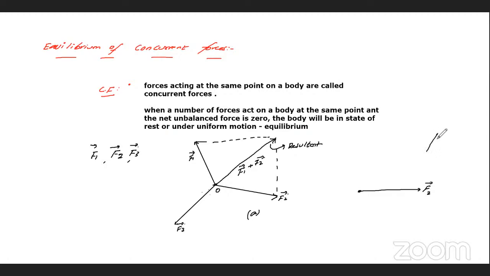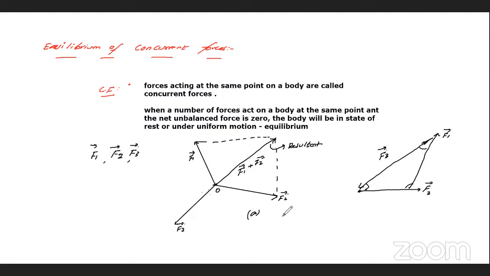I'll take this one as the F1 vector. This is your F1 vector and it is traveling in the upward direction, and its resultant is your F3 vector, which is in the opposite direction. It is moving in the downward direction. That is the equilibrium condition. This is your F3. When there are three different directions, there will be angles, and we are going to consider these angles. Let's see the relation.